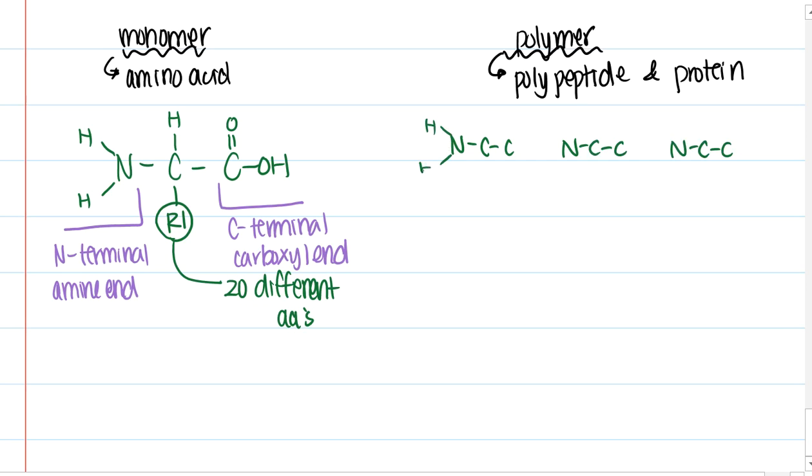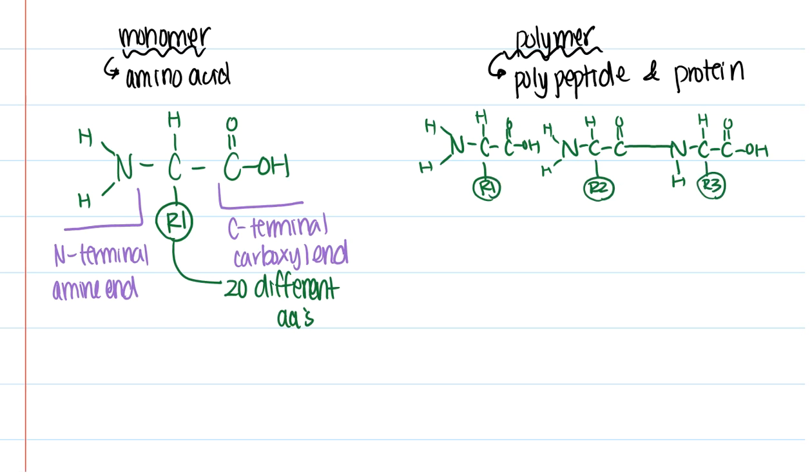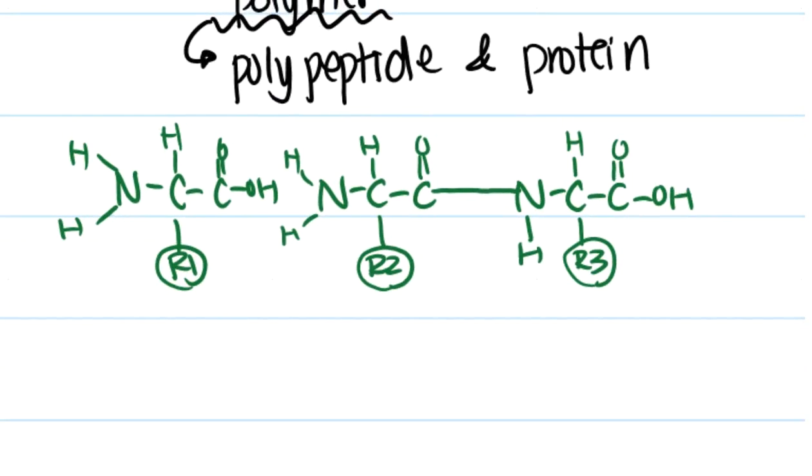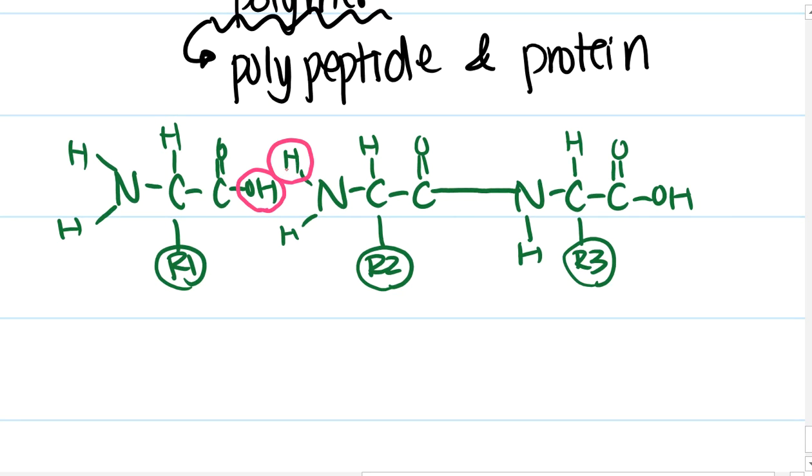Now, remember, we have hydrogen with OH, hydrogen with OH. I want you guys to kind of see this here. So we have R group 1, R group 2, R group 3. Oh, look, this is what's happening. I want you guys to see this. The hydroxyl group from the carboxyl end and the hydrogen from the amine end are going to get together, and they're going to leave as H2O.